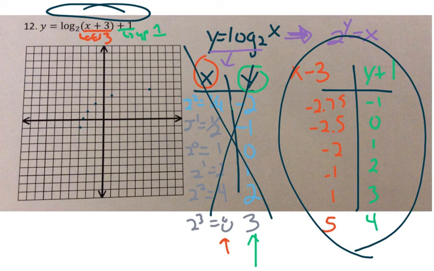Alright. I also need to get my vertical asymptote. Remember, your normal vertical asymptote is at x equals 0, but this has gone left 3. So now my vertical asymptote is at x equals -3. Connect your points.